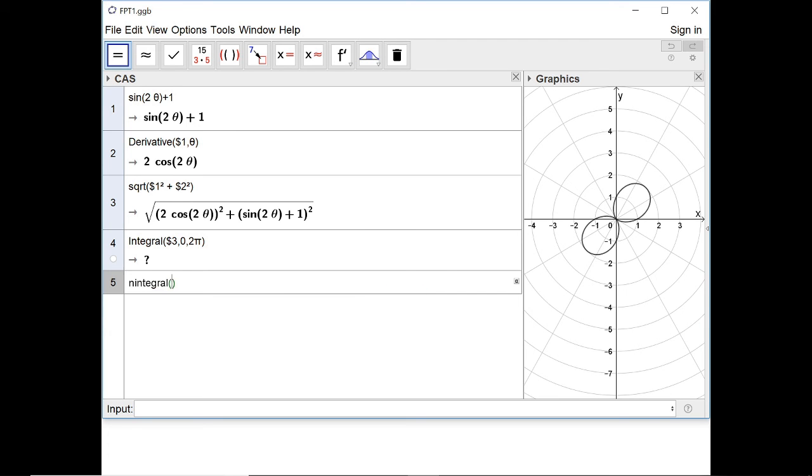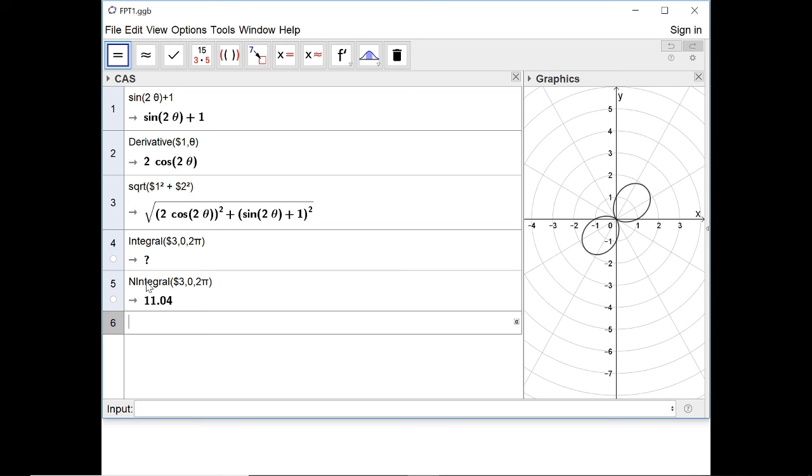This gives me a numerical approximation to the integral for anything it can't work out analytically. So we've got the n integral of expression 3, and I want to go from 0 to 2 pi, and it numerically approximates it to 11.04.